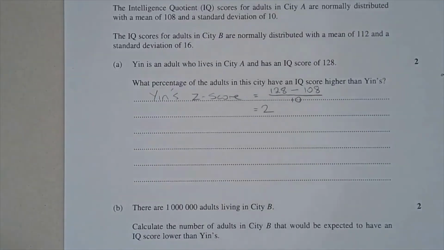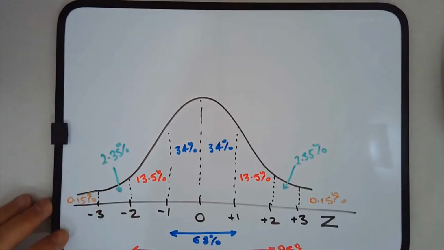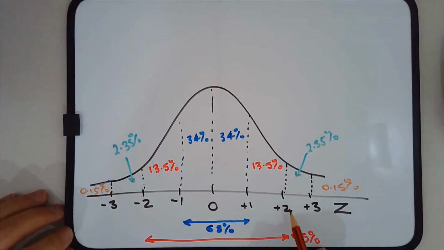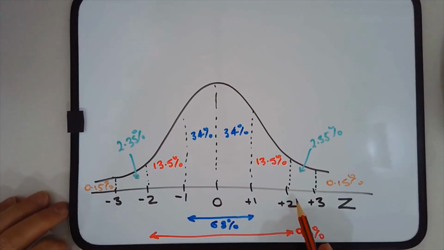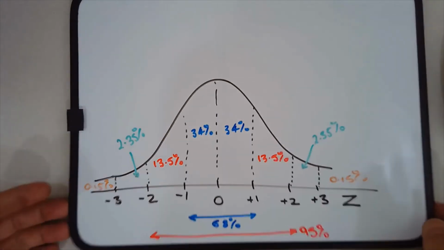So let's go back to our bell curve or our normal distribution. We've got a Z-score of 2. So what percentage will that be? 2.35 plus 0.15, right, that's going to be 2.5%.